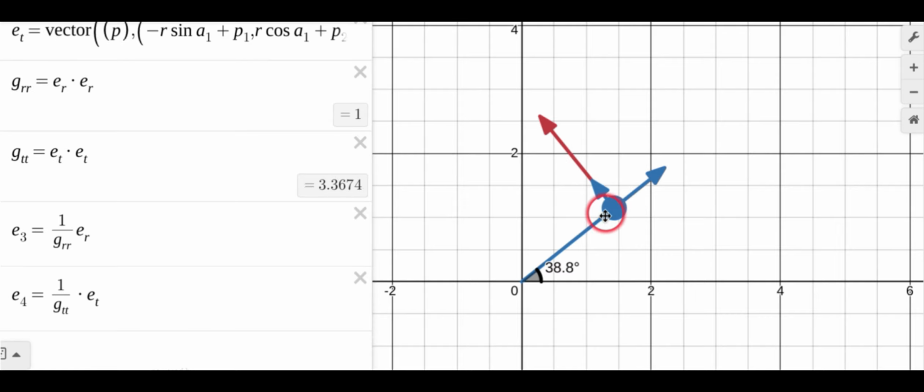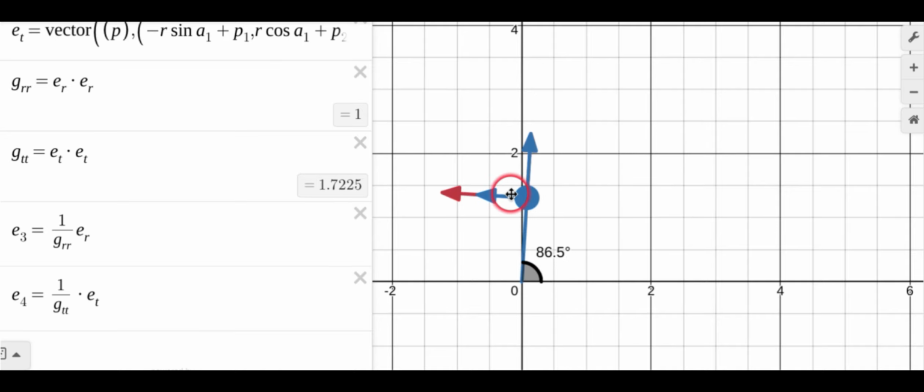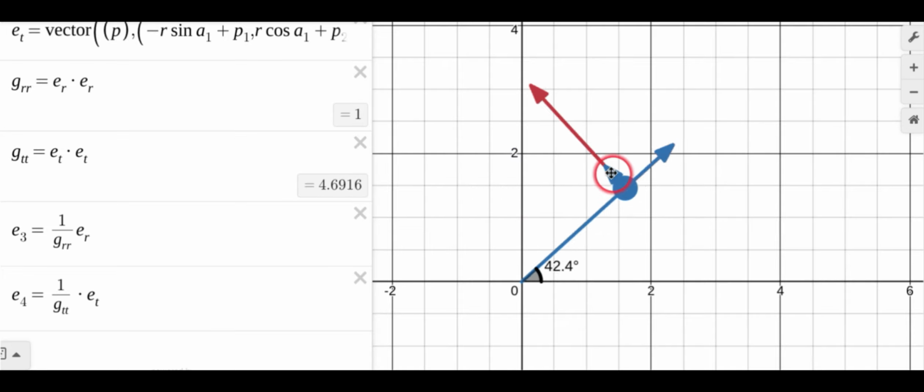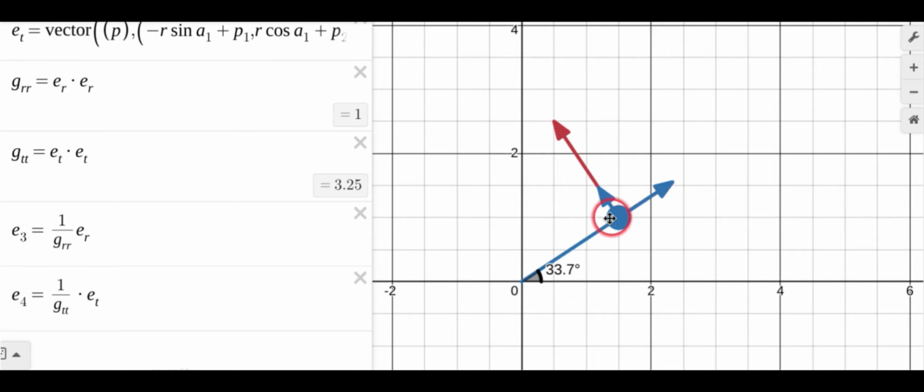You see that as you get closer to the origin, it increases length, and as you get further away, it decreases length. But it goes in the same direction as E theta, but its length varies. And it does that because they're orthogonal. This system, even though it's curvilinear, is orthogonal. So that's why they're on top of each other.